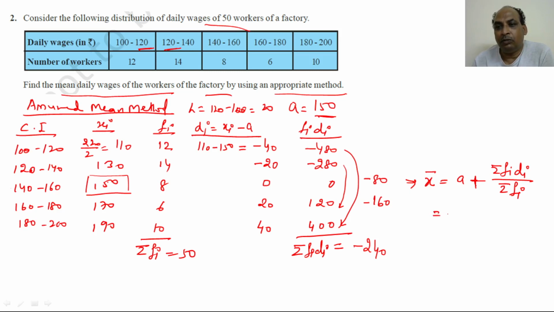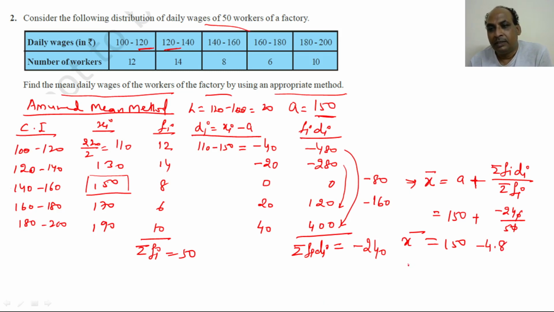So this will be equal to A, which is 150, plus sigma Fi Di, which is minus 240, divided by 50. So this will get cancelled, and x mean will be equal to 150 plus minus 24 divided by 5, so 4.8.